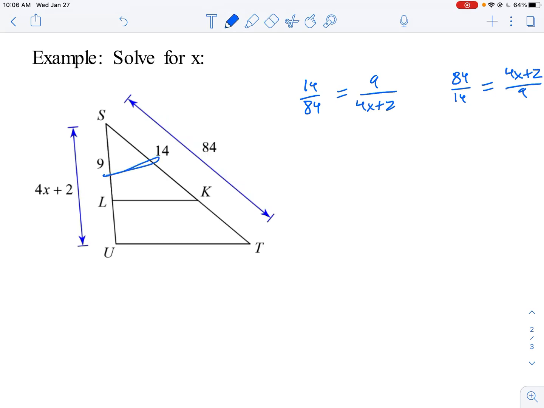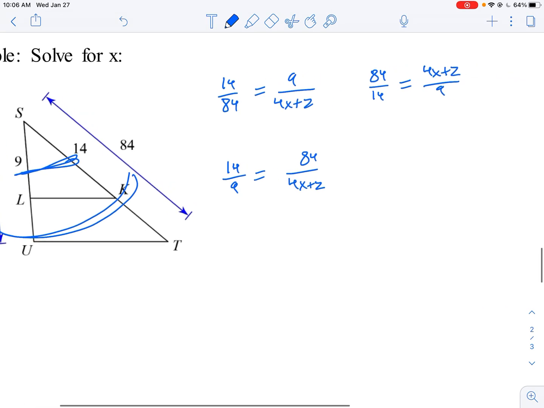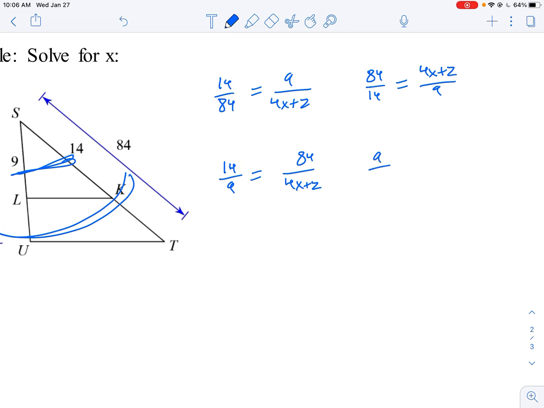Let's say I want to use these two sides of my small triangle, and that will correspond to these two sides of my big one. I can have 14 over 9 equaling 84 over 4x plus 2. Or you can have the flip version of either of these, 9 over 14 being 4x plus 2 over 84.